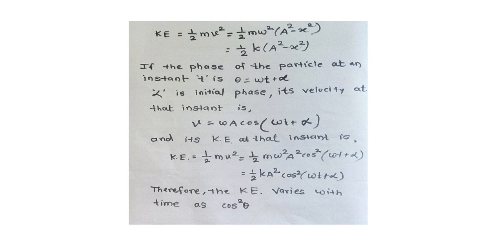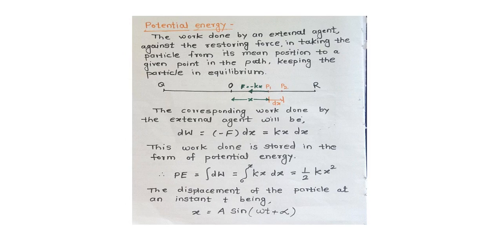And next is potential energy. You know that the work done by an external agent against the restoring force in taking the particle from its mean position to a given point in the path, keeping the particle in equilibrium. See, as shown in the diagram, suppose the particle displaces from P1 to P2 through an infinitesimal distance dx.